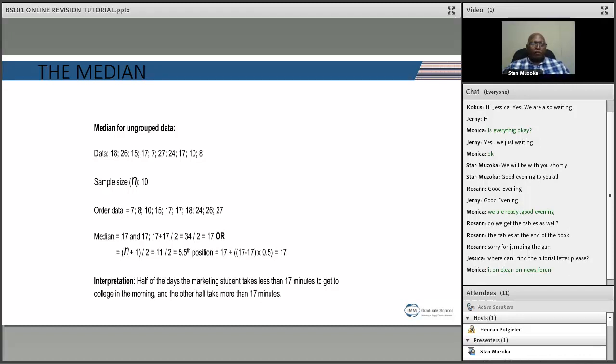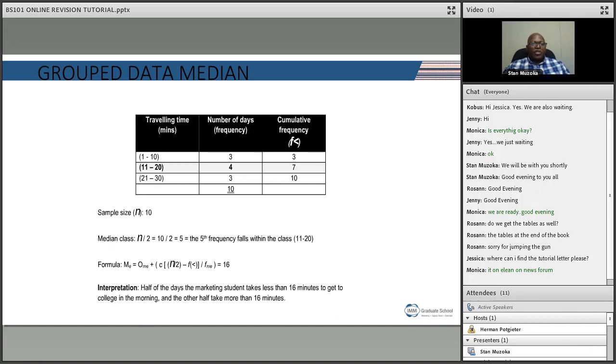So you take 17 plus 17 divided by 2, which is equal to 17. Therefore, in half of the days, the students get to college in less than 17 minutes, and in the other half, in more than 17 minutes. That is your median. That is why I said you need to always order your data set from the smallest to the largest.